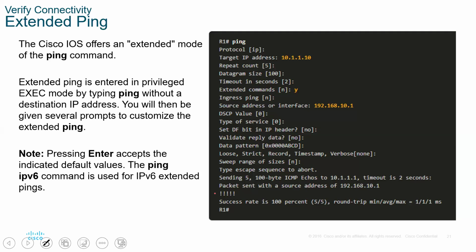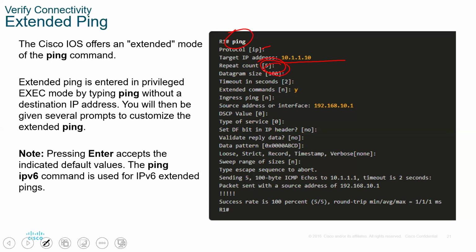It is usually done in the privileged executive mode, and you just type ping without the destination IP address. If you just type ping and press enter, it will ask you for the IP. Then if you enter the IP, it will tell you the default is that the ping is going to run 5 times. If you want to change that, you can change it. If you don't want to change that, you just press enter.